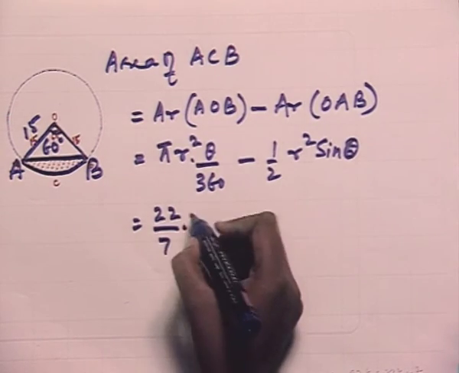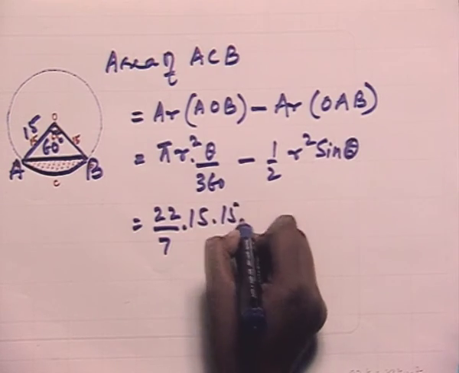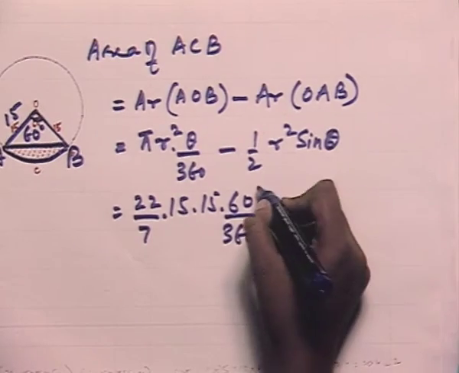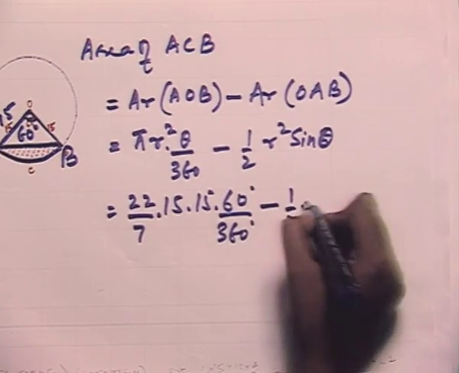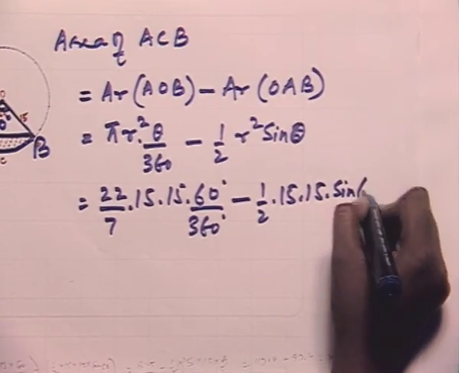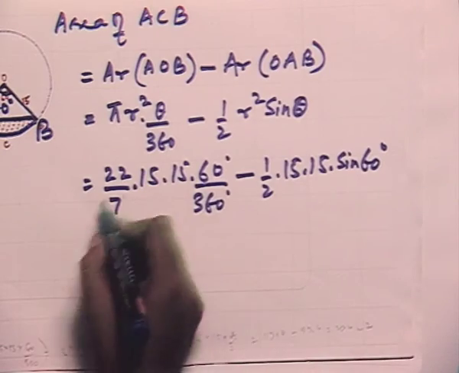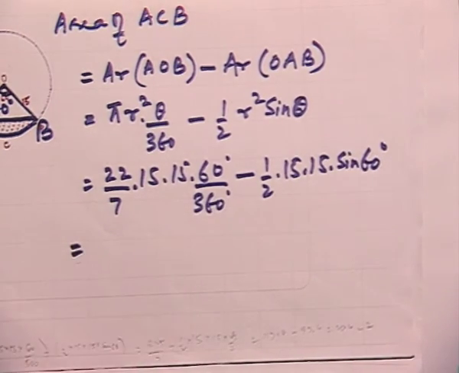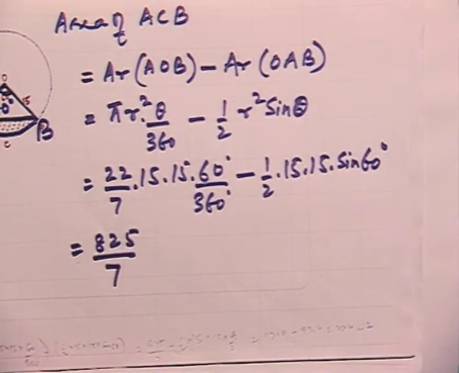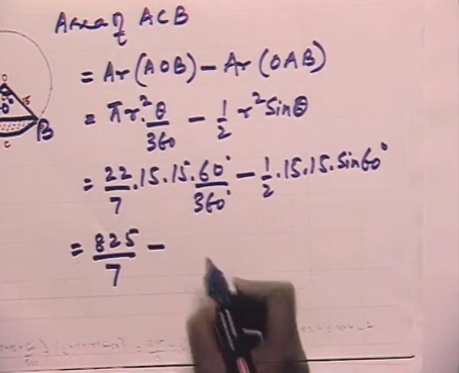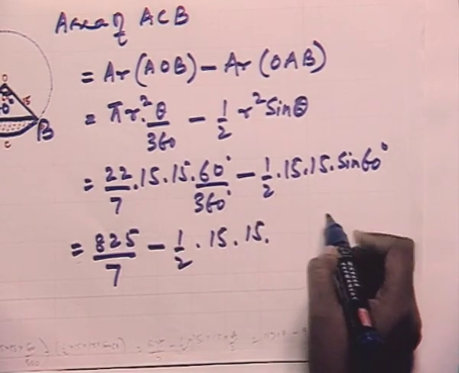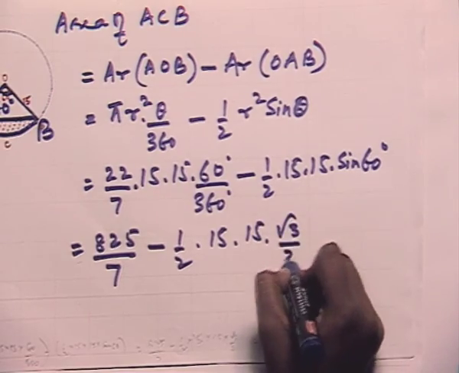So, pi into r square is 15 into 15, theta is 60 degree upon 360, minus half into again r square, that is 15 into 15 into sin 60 degree. Solving this part, this is equal to 825 upon 7 minus half 15 into 15, and the value of sin 60 degree is root 3 upon 2.